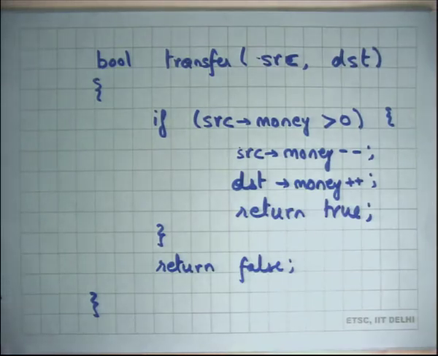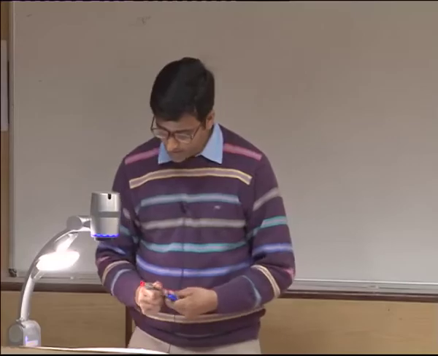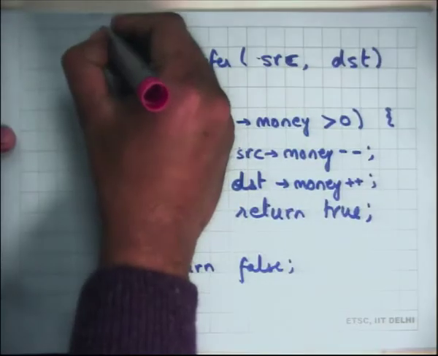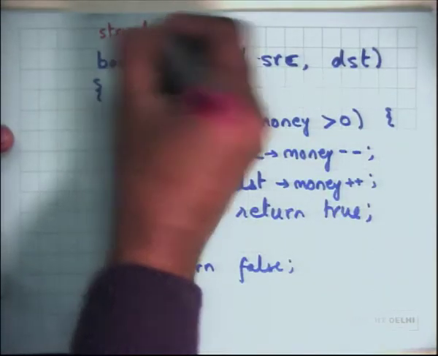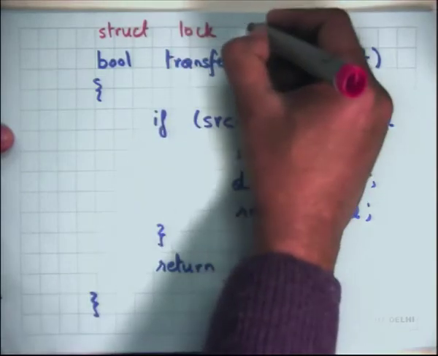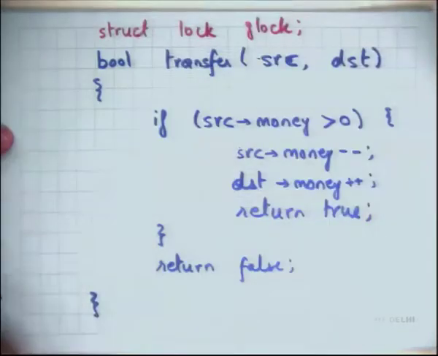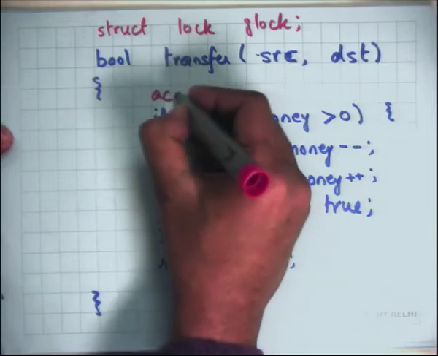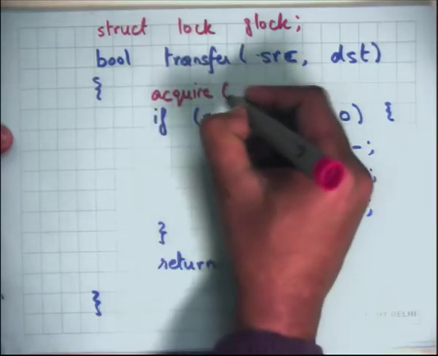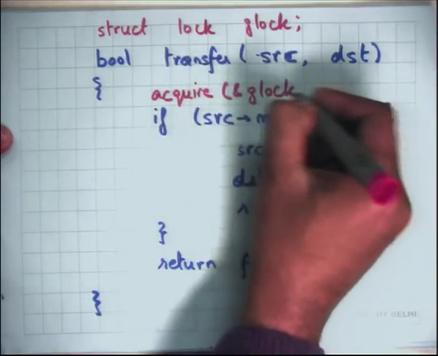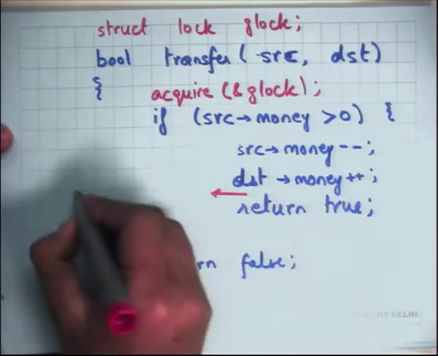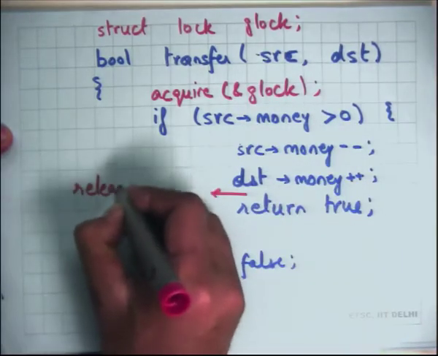Okay, so what will you do? You'll use a lock, of course. One way to use a lock is to define a struct lock, g lock. Once again, it's a global lock, and I just say acquire g lock and release g lock.